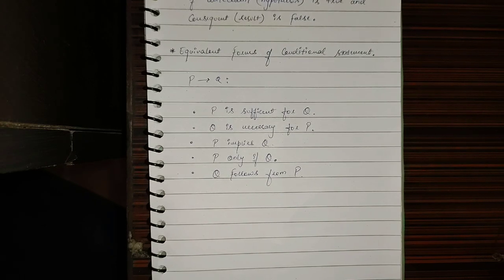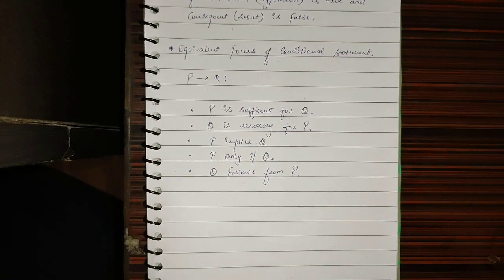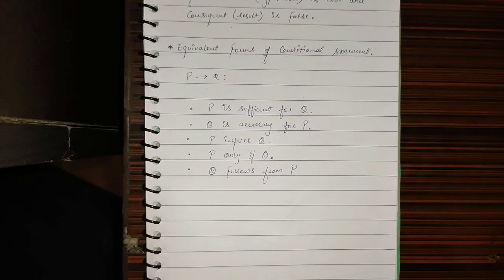If Q happens, then in the background P must have happened, meaning the occurrence of Q is necessary for the occurrence of P. It's like saying that we have gotten the end product, so the prior situation must have happened already, which is P. So when it is said that Q is necessary for P, it means that the occurrence of Q is necessary for P to have already happened in the background.